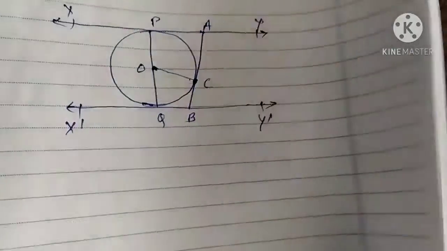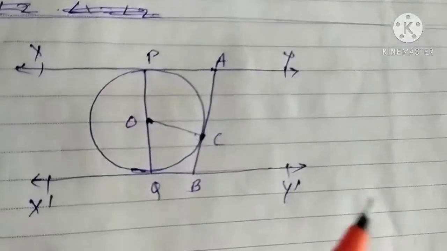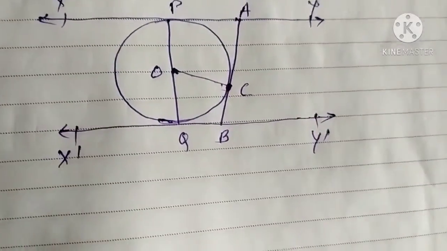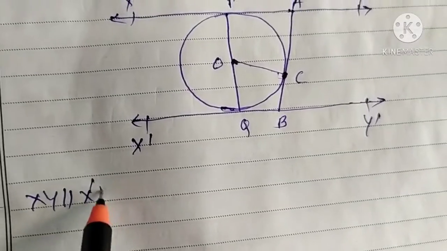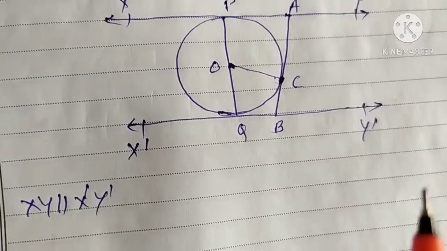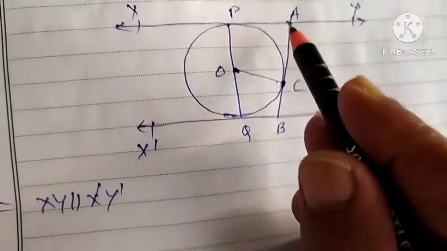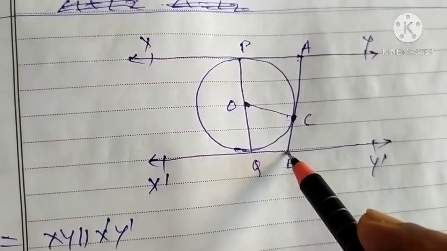The same diagram, look here, I have drawn once again. We can write XY parallel to X'Y'. Yes or no?